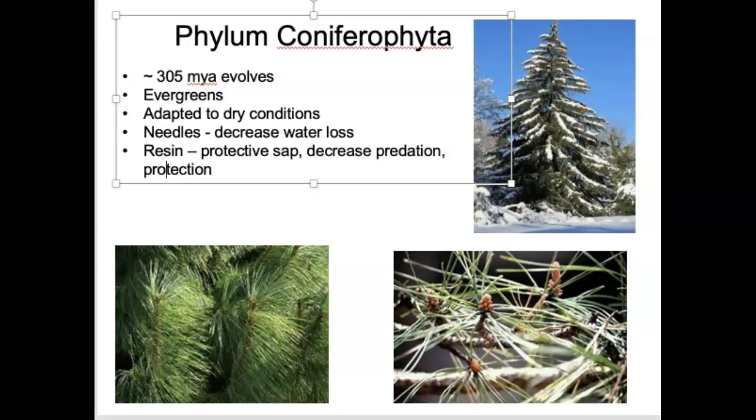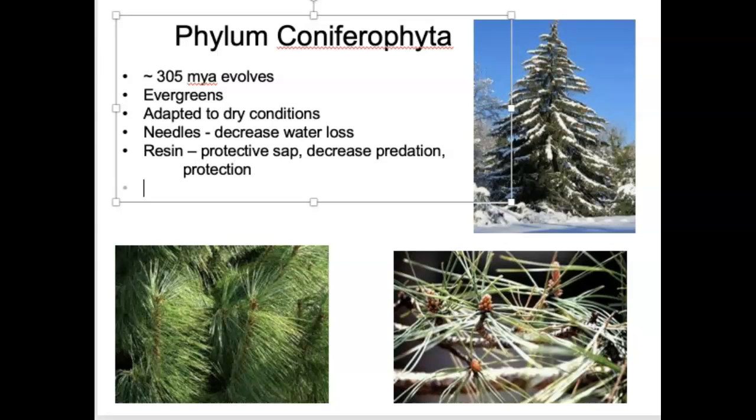So insects, birds, whatever, try to attack or eat the plant, and that sap oozes out. If a conifer gets injured, a cut branch or damaged trunk, that resin oozes out and kind of seals it over to try to decrease fungal or bacterial infections, things like that. So huge defense advantage.